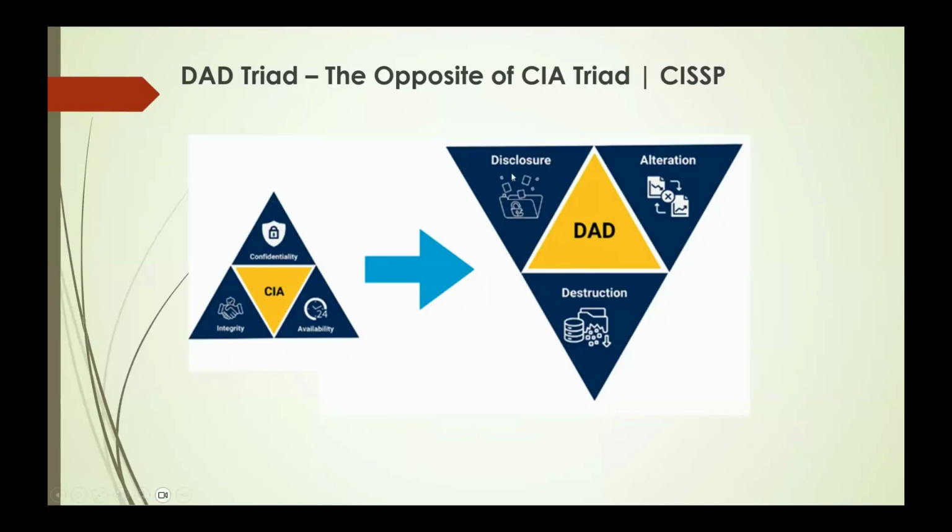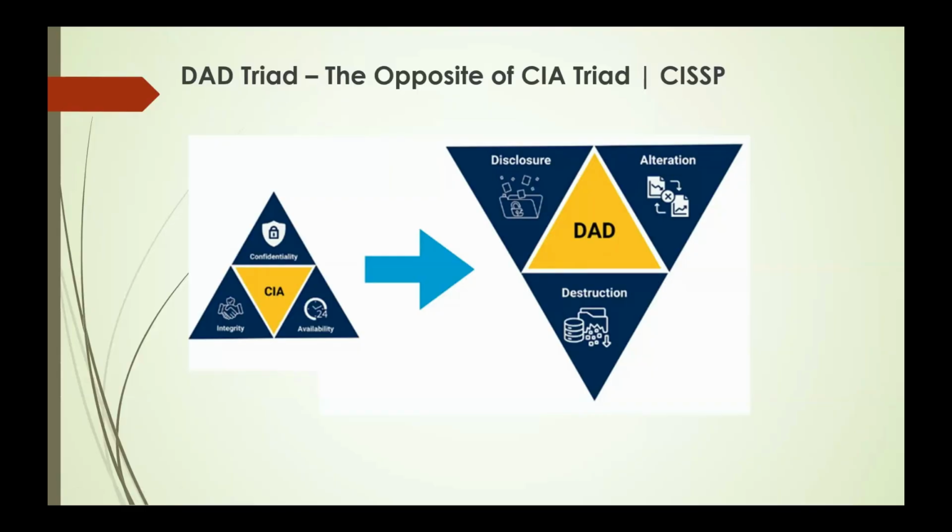D stands for disclosure. When the confidential information gets exposed, it's called disclosure. A stands for alteration. So when data is changed without authorization. And the final D stands for denial or destruction, when systems or data become unavailable. So CIA represents protection goals, whereas DAD represents attack outcomes.